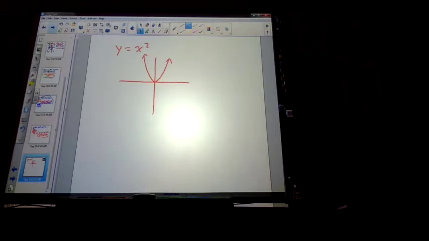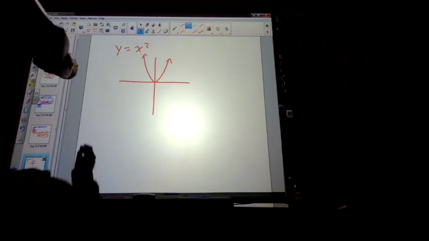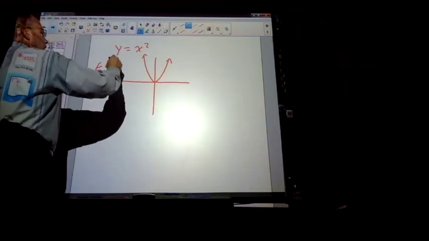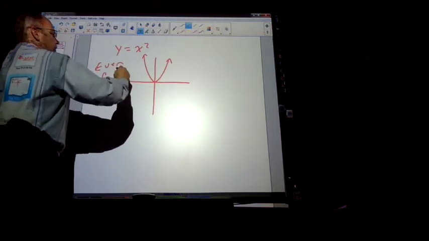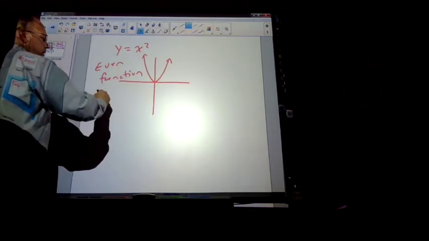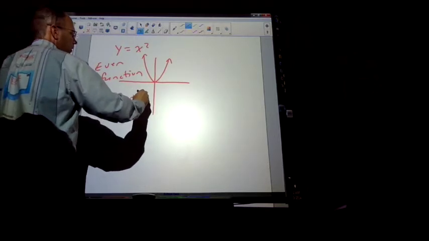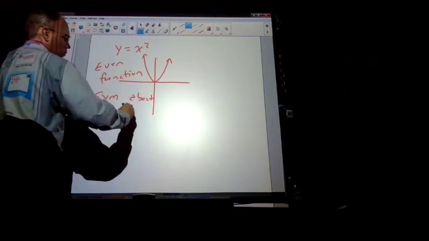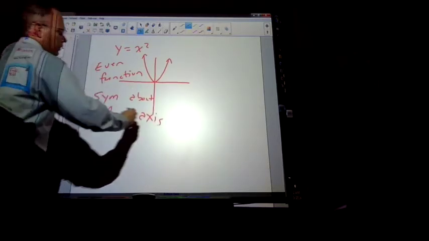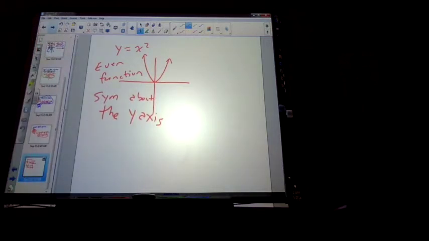What line am I folding it over on top of? The y-axis. So this is an even function, and even functions have symmetry about the y-axis. Okay? So that's a real basic even function.